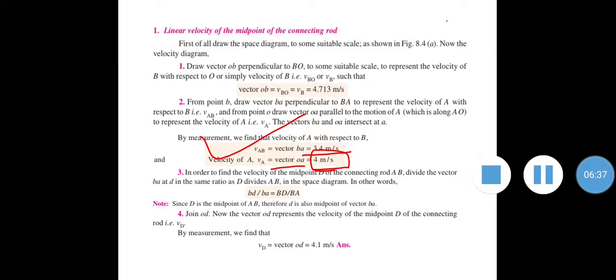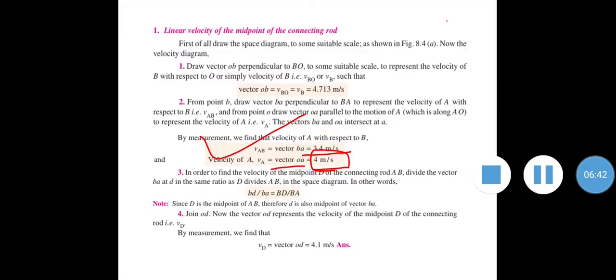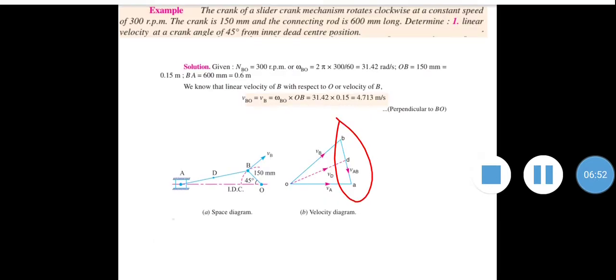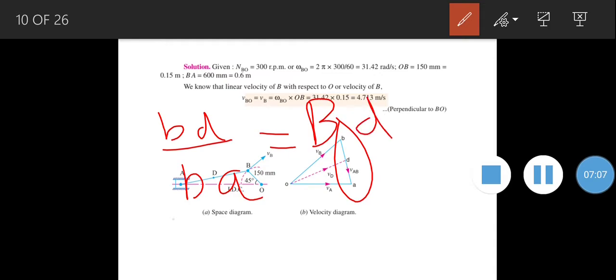Now, how can we get the point D in the velocity diagram? In order to get the point D, we take a ratio: small bd upon small ba equals capital BD upon capital BA.